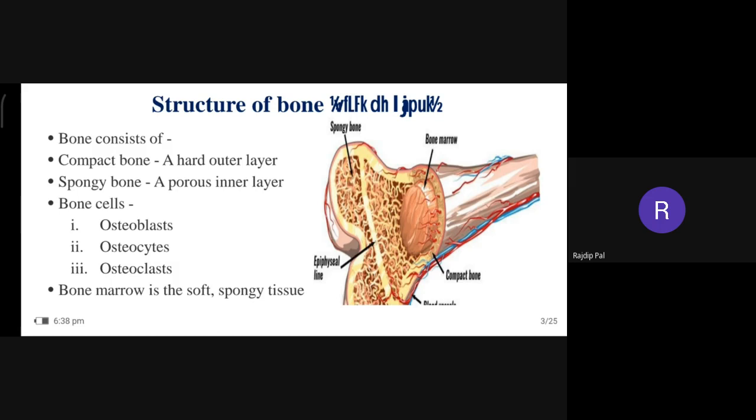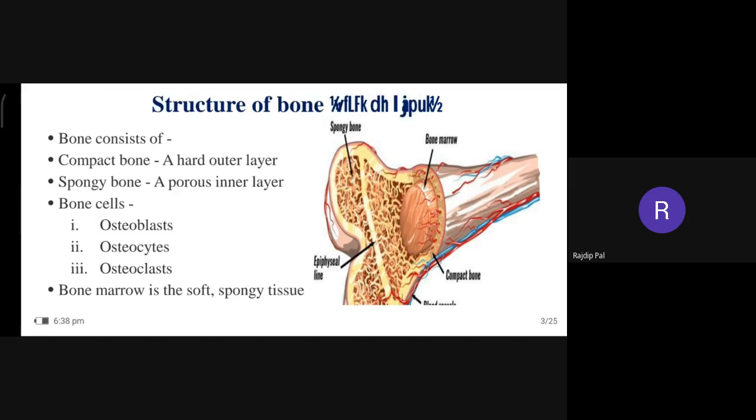Like you can see here in the structure, the outermost cover of bone is compact, that is compact part of bone, that is hard outer layer. Inside that hard outer layer, there is a spongy bone or porous inner layer.